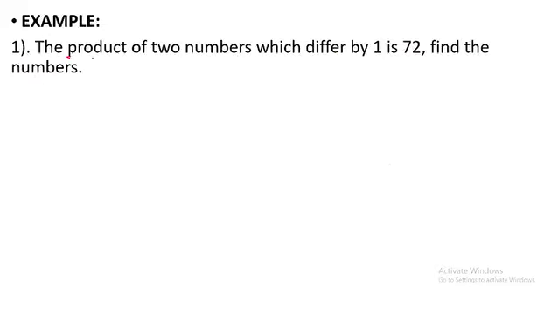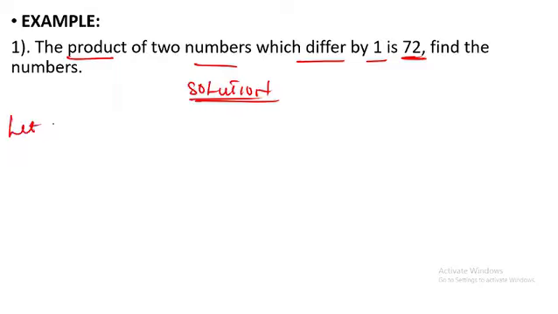Example number 1: the product of two numbers which differ by 1 is 72. Find the numbers. Solution: the first thing we need to do is say, let x be the first number.